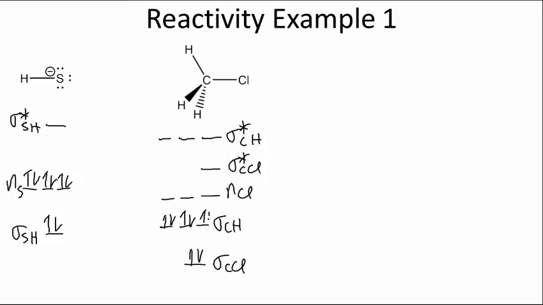I won't ask you to draw two MO diagrams next to each other and get the relative energies right generally between the two, because that's just complicated. But I tried to in my drawing here more or less get the relative energies between the two molecules about right. So sigma CCl is going to be lower energy than sigma SH, particularly because what kind of charge does the S have? Negative charge.